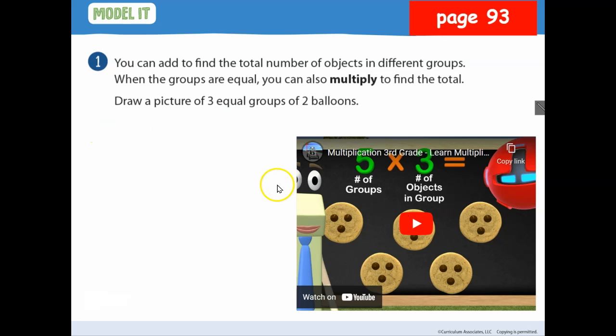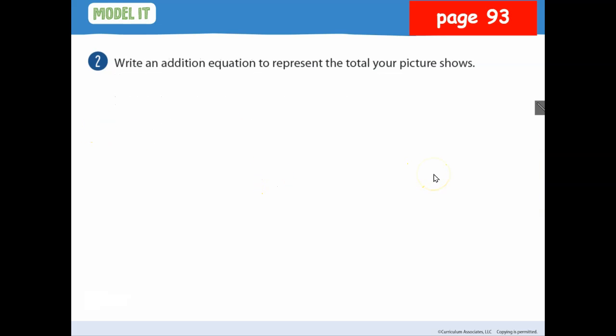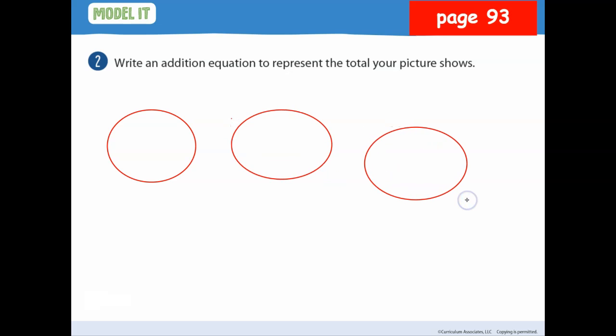Okay, so our picture was this, right? I'm on number 2 now. It was 3 groups, and how many in each group? 2. Then it says to write an addition equation to represent the total your picture shows, okay?